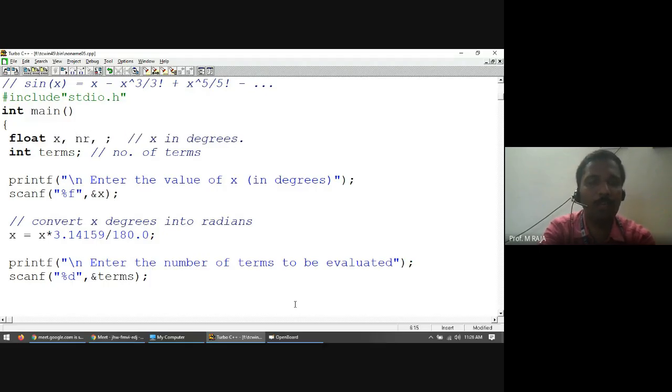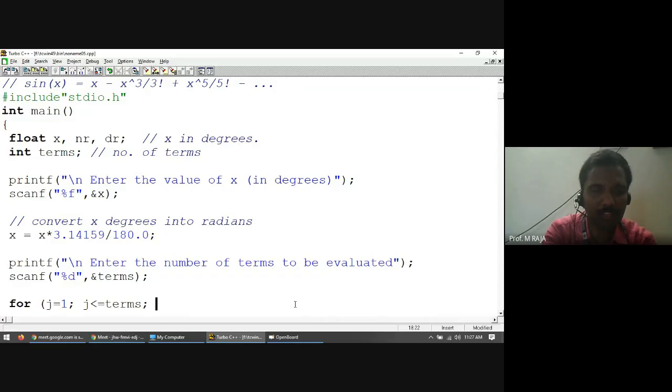For example, for j is equal to 1, j less than or equal to terms, j plus plus. We modify the logic by checking its correctness.